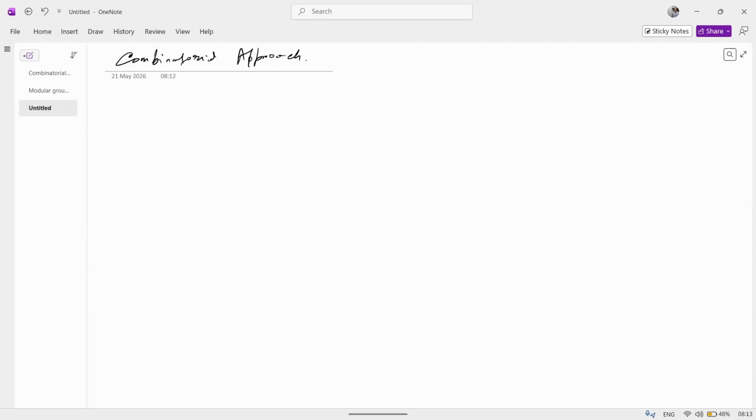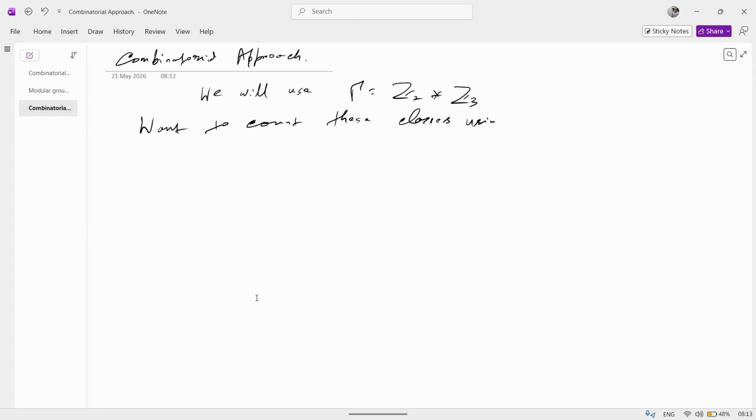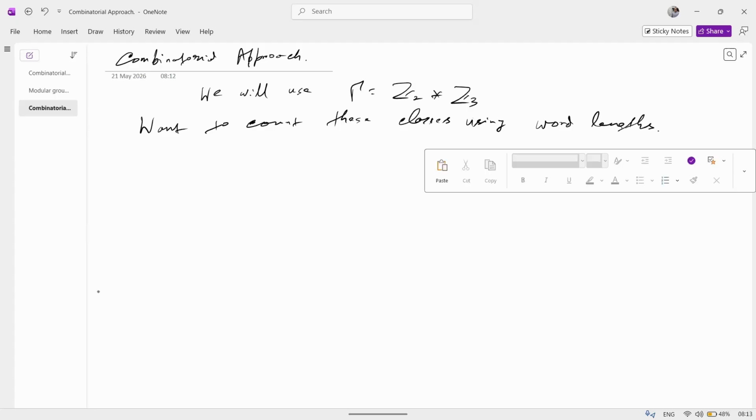Now, what we will do, we will use this combinatorial representation of the modular group and want to count these classes using word lengths.